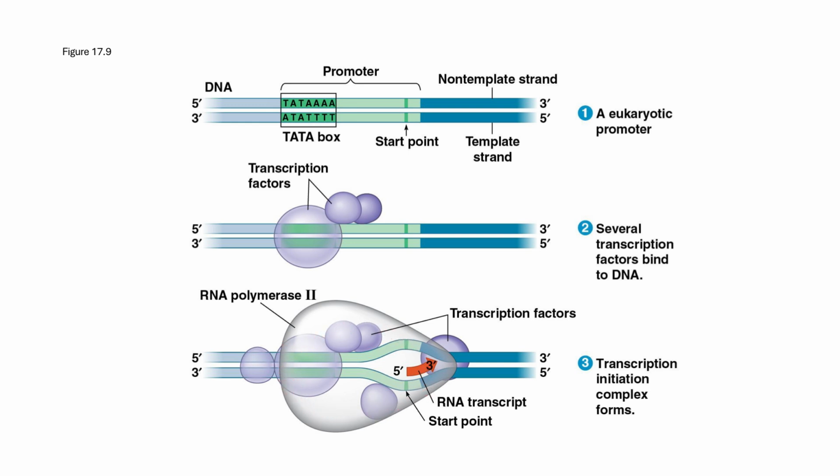So the RNA polymerase plus these transcription factors all on this promoter area is called the transcription initiation complex, because this is what's going to initiate the start of transcription to allow that DNA template to be synthesized into RNA.